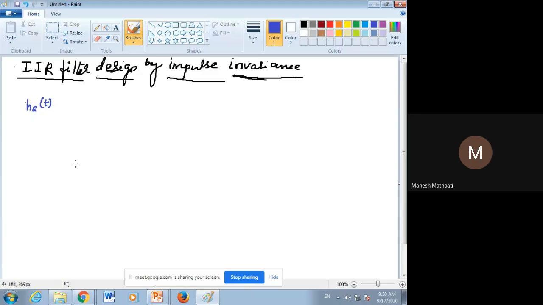Then the unit sample response of the corresponding digital filter is obtained by uniformly sampling the impulse response of the analog filter.